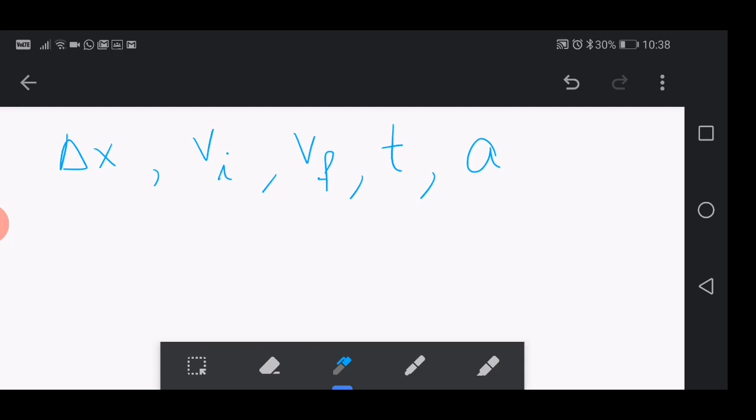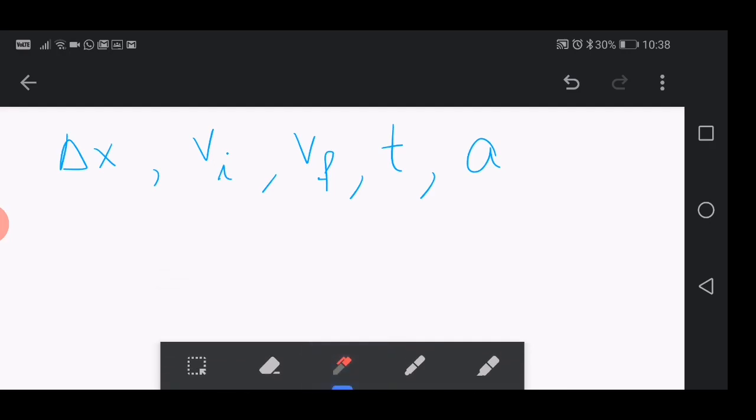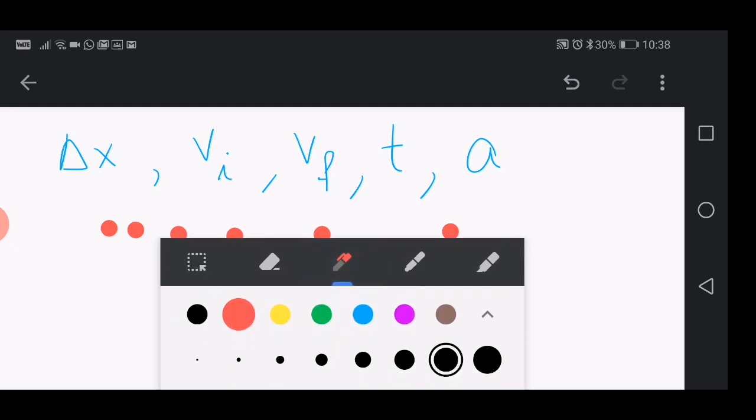For the following discussion, we will consider situations where the object is actually moving only on a straight line. So it's either speeding up, like so, or it's slowing down, like this.